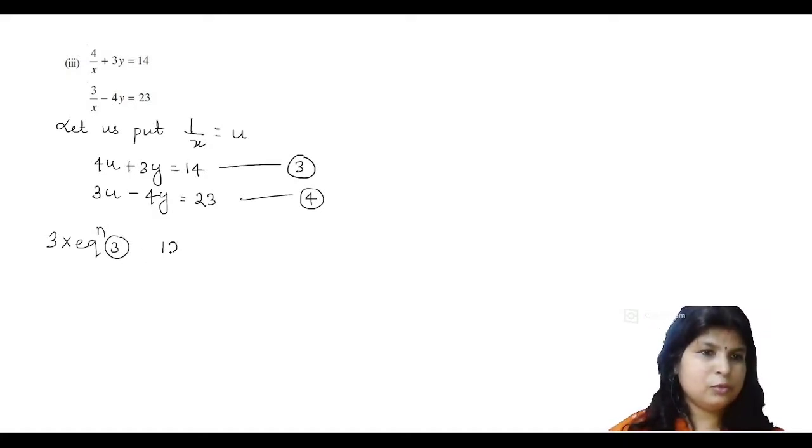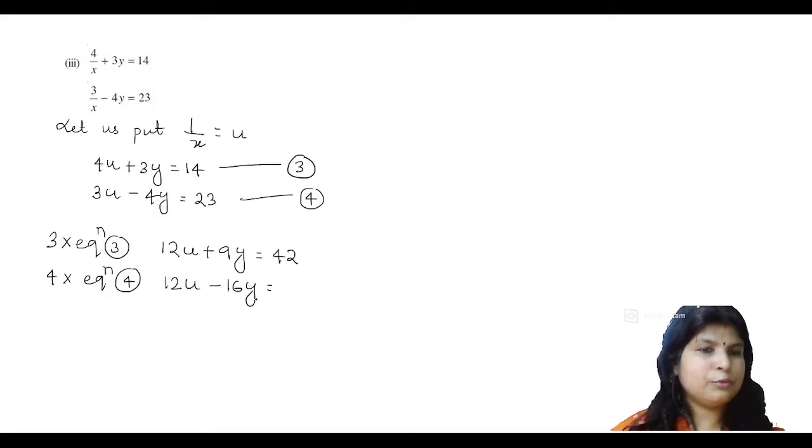So 3 into 4u, 12u. 3 into 3y, 9y. 3 into 14, that is 42. Correct or not? Similarly, 4 into equation 4. So you have 12u minus 16y is equal to 4 into 23, that is 92.